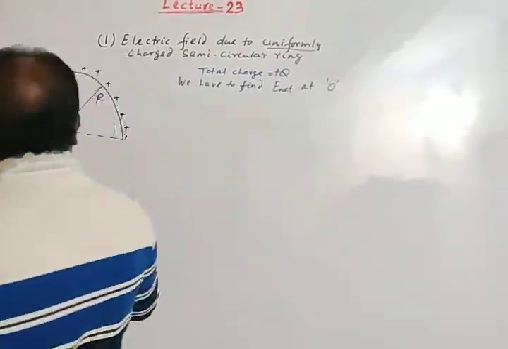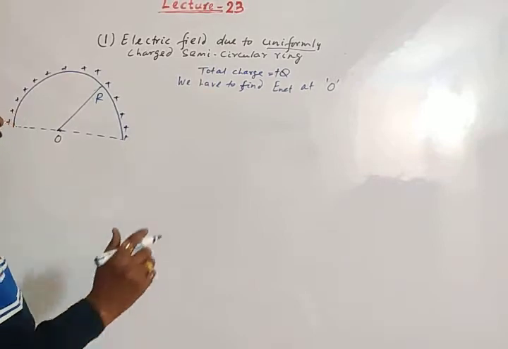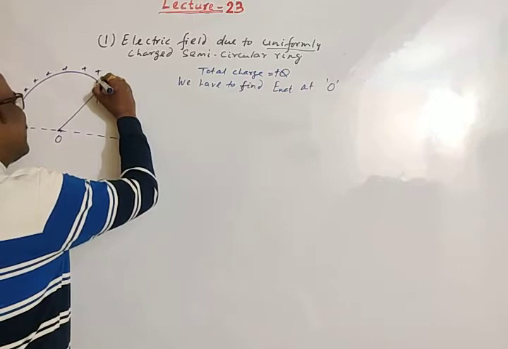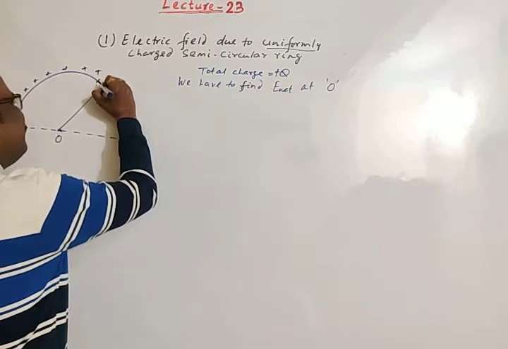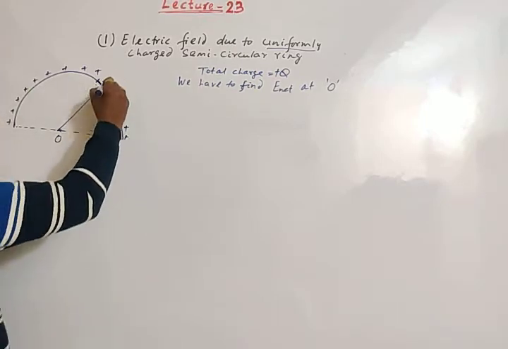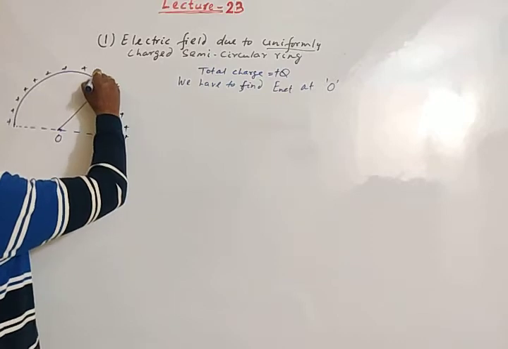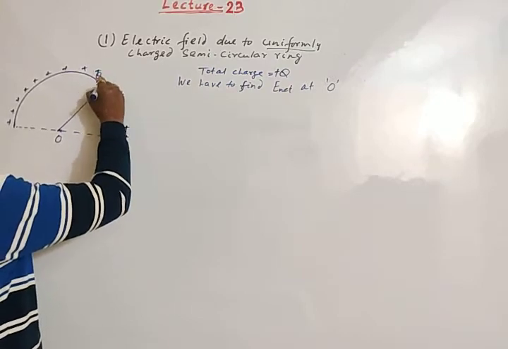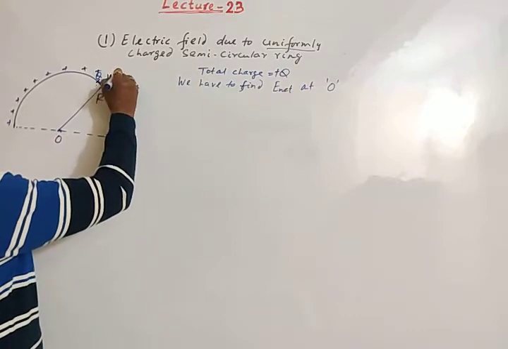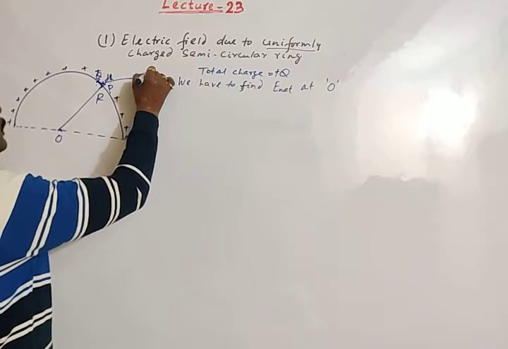Before finding, let's take an assumption. Let's consider this is an elemental section of the ring. Let this section be P to Q. Let length of this elemental section be dl, and it carries a charge plus dq.